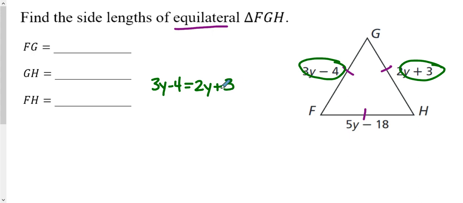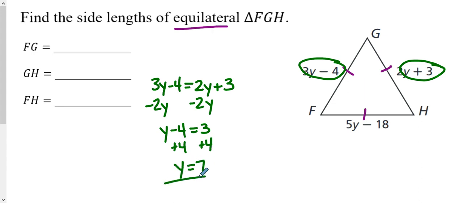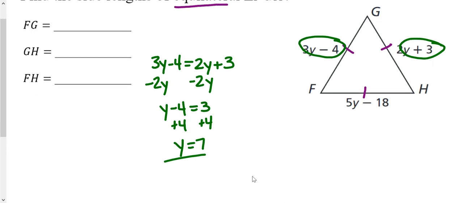And this is a nice equation here, so I can subtract 2y from both sides. So I get y minus 4 equals 3. And then add 4 to both sides, I get y equals 7. And then again, I'm going to plug it back in so that I can find my side lengths.